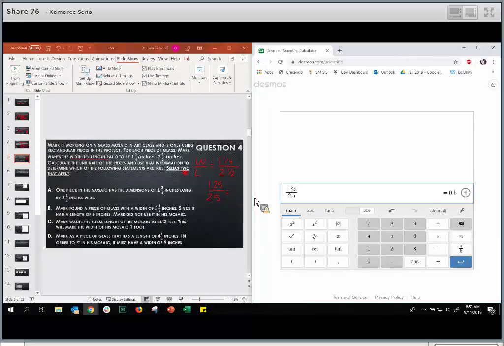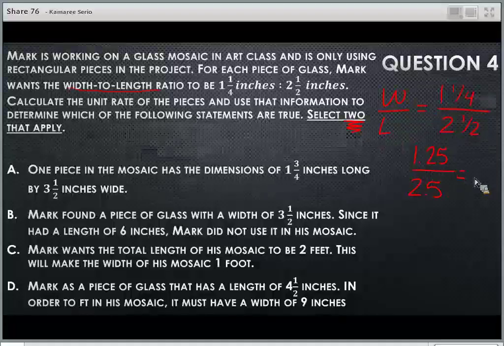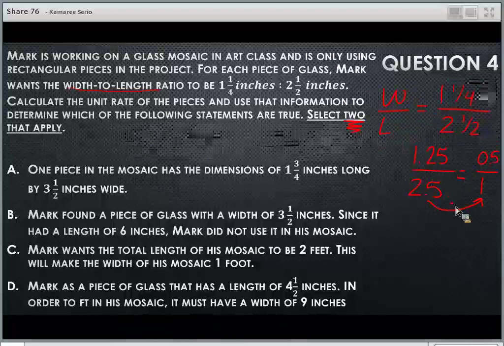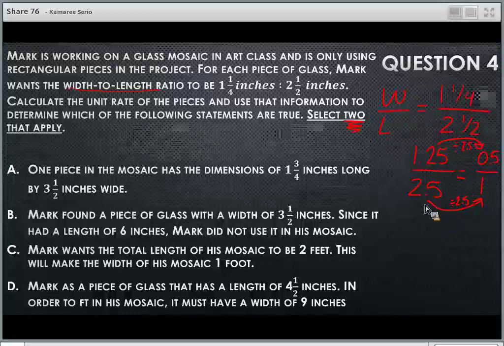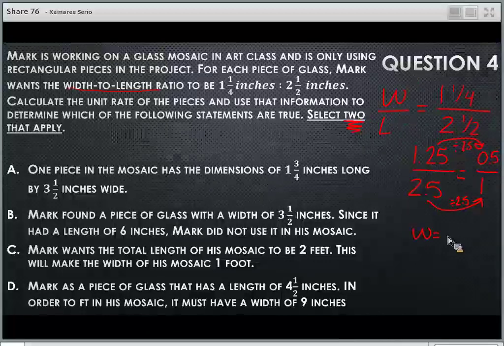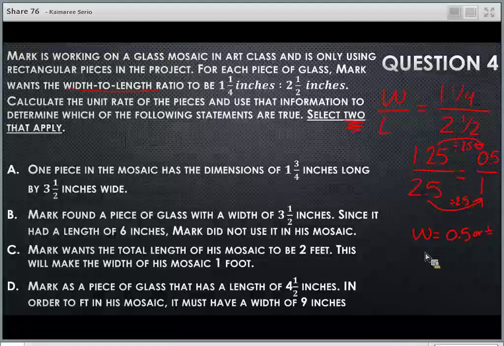What happens is I get a half here, which means 0.5 over 1. So what I did was divide by 2.5, and then divide by 2.5, which means that the width is half of the length. So for every 1 length, I should have half of the width. So the width is 0.5 or 1/2, and the length is 1.